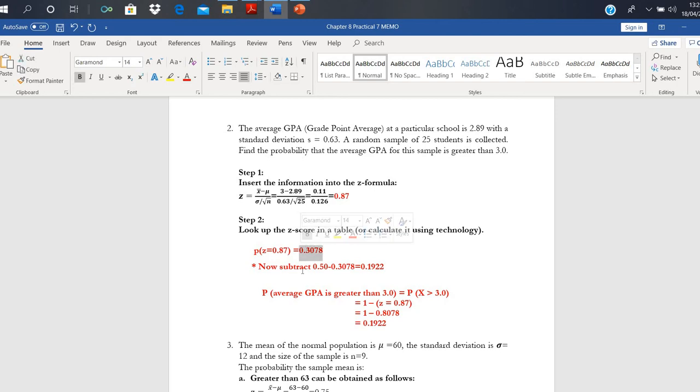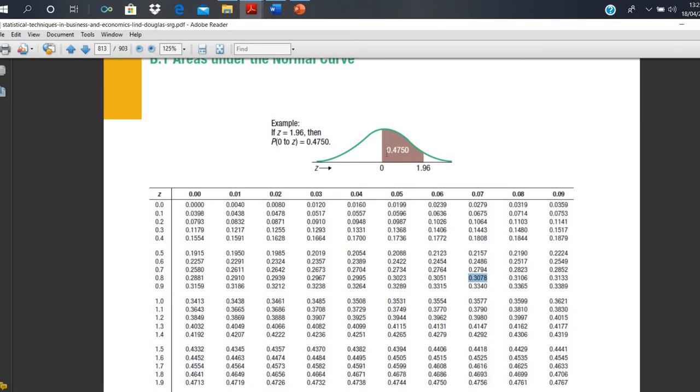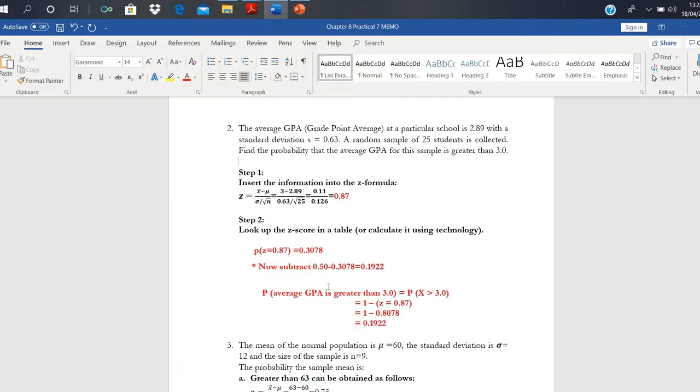Okay, now to find the probability that the average GPA for this sample is greater than 3.0, we will take 0.50, which is the probability of the entire area here. Okay, so that's what we are saying.